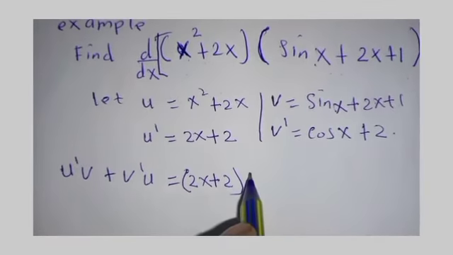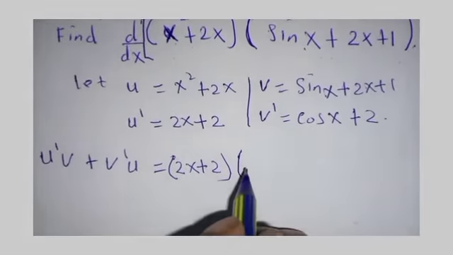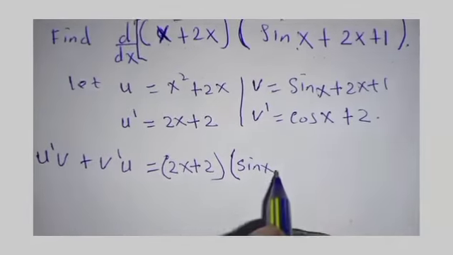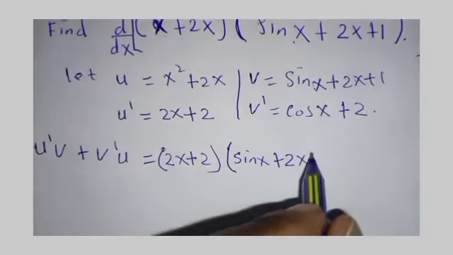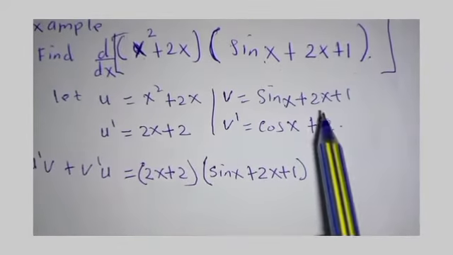That way, we multiply by our v, which is sine of x plus 2x plus 1. This one here.